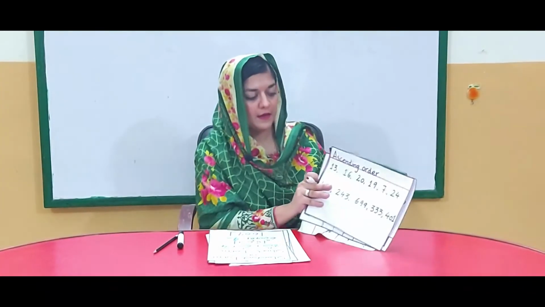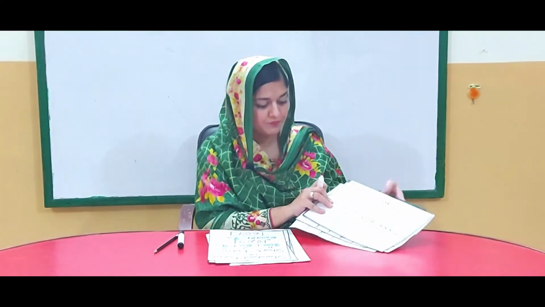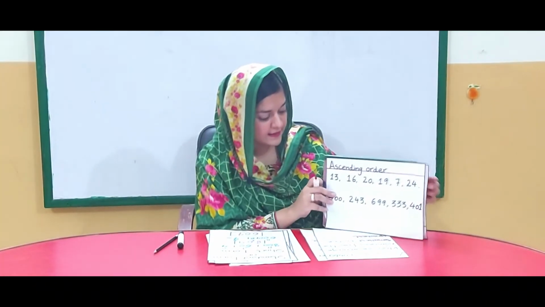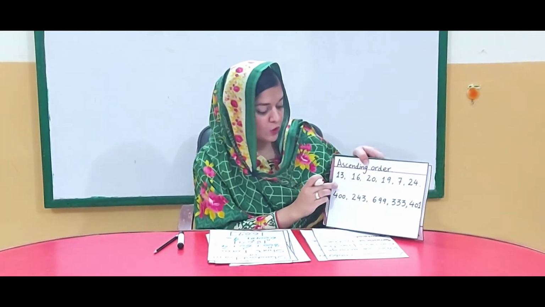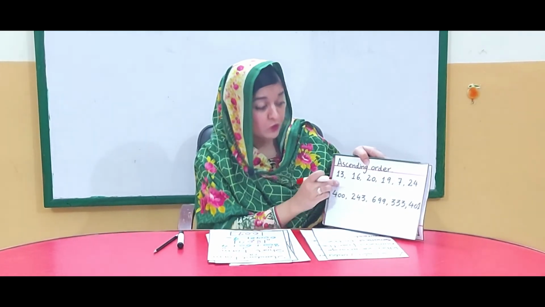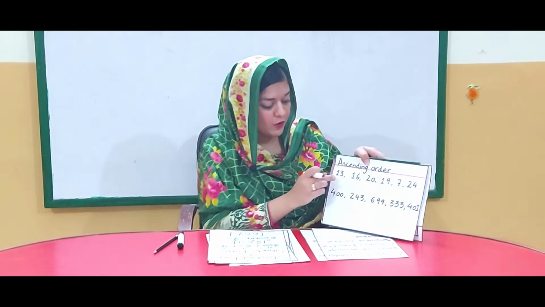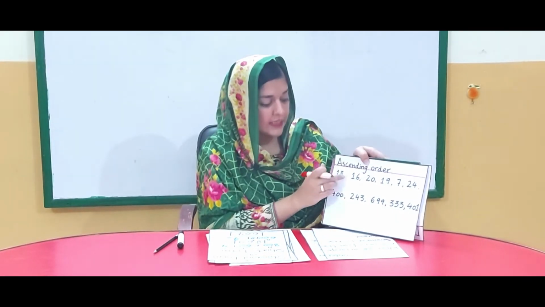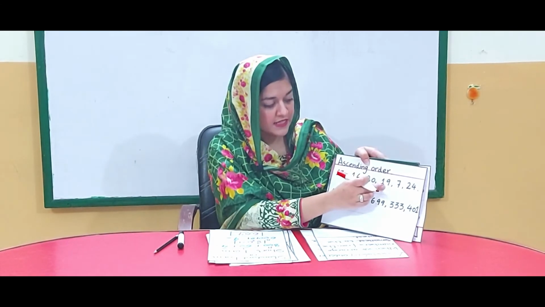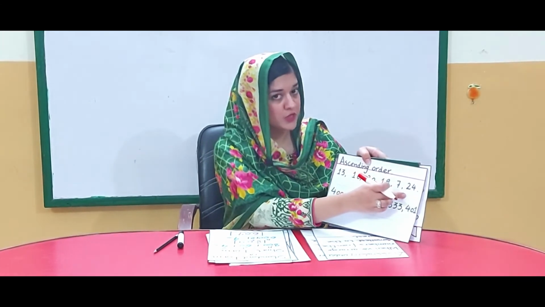In this series, we will move from the lower towards the higher number. The numbers are 13, 16, 20, 19, 7, 24.